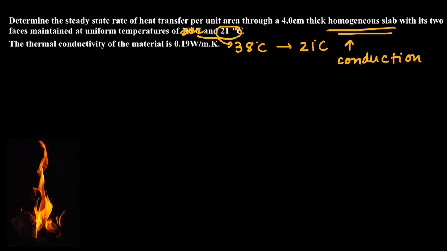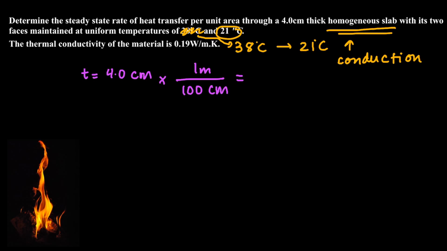Let's write down what we have and what we need. We have the thickness given as 4.0 centimeters. Let's convert that to meters, since 100 centimeters are in 1 meter.